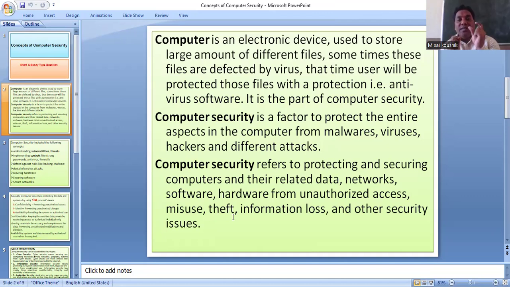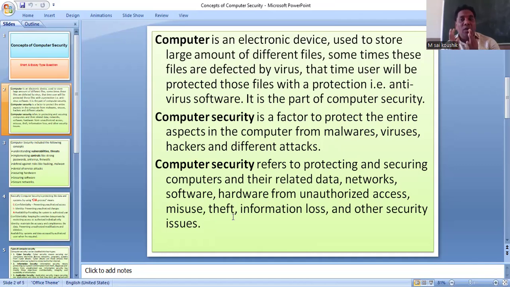Computer security is a source to protect and secure computers and their related data, networks, software, and special hardware from unauthorized access, misuse by others, theft, information loss, and other security issues.